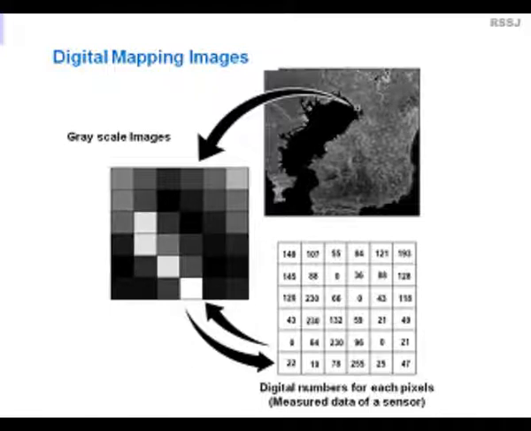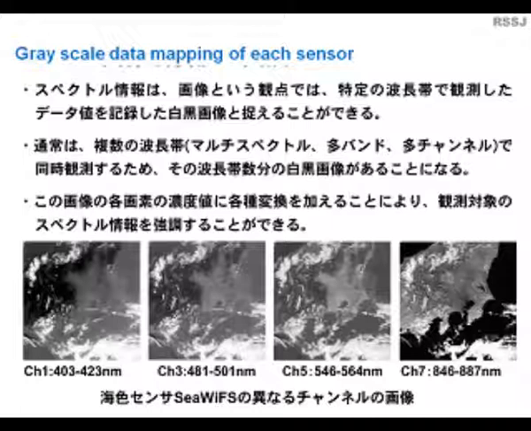This area is what we can see from the satellite. So around here we can get a grayscale mapping for each sensor.